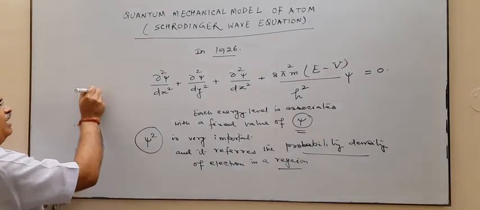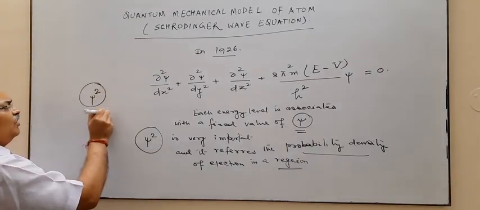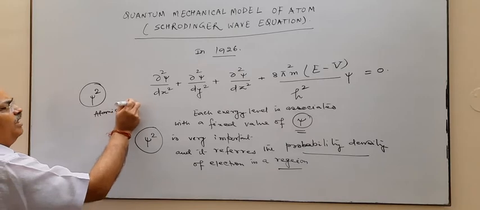Therefore, psi square refers to the atomic orbital.